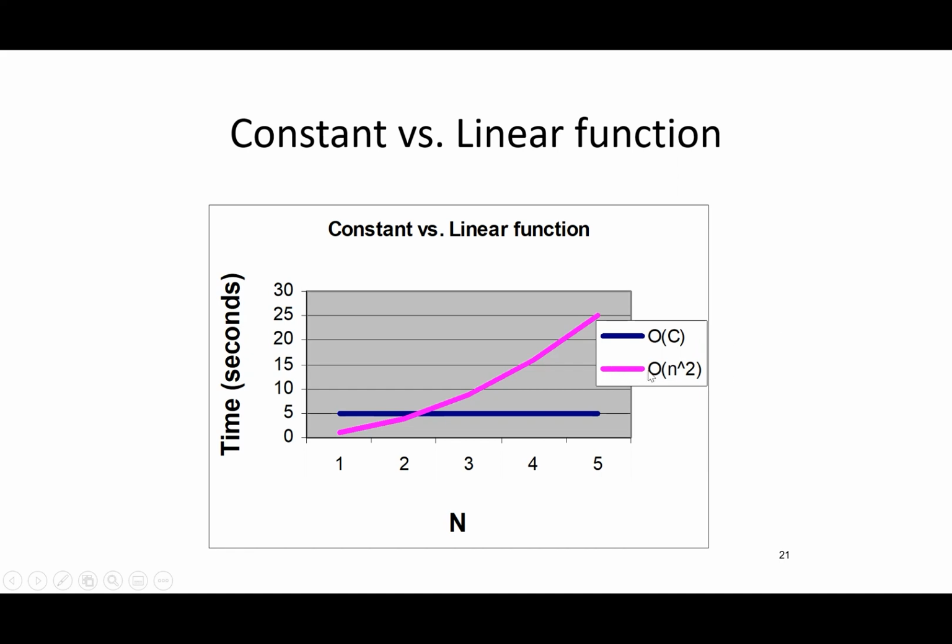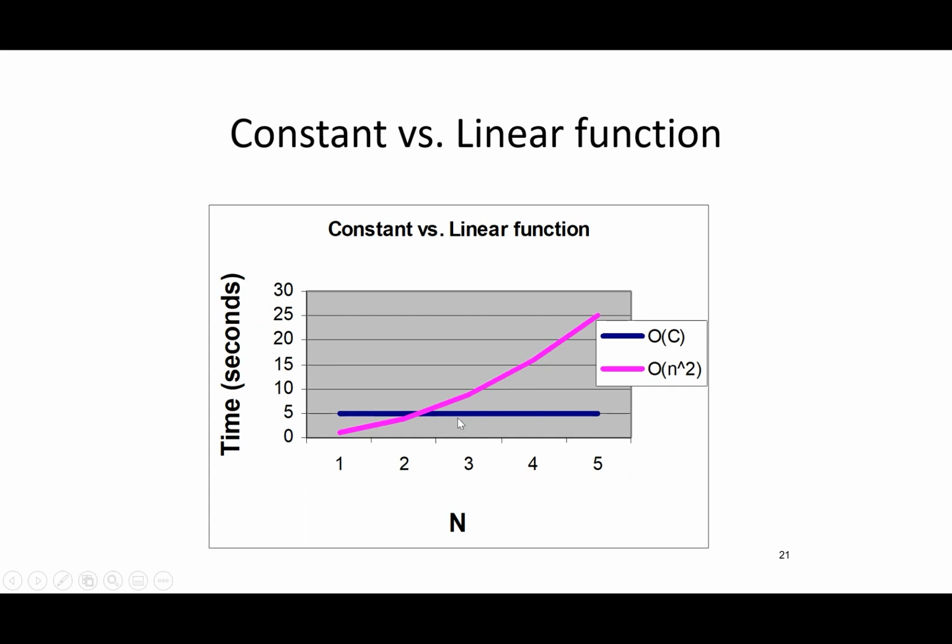And for the pink one, the big O given is n power 2. So what does this C and n power 2 actually tell you? It tells you how the algorithm grows when your data size increases. Here n represents your data size, let's say 1, 2, 3, 4, and 5, and here is the time taken to run the algorithm as your data size increases.